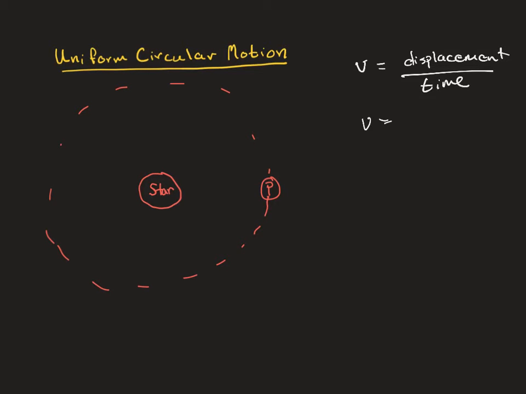The path that the object takes in this case is a circle, so I can put 2 pi r, which is the formula for the circumference of a circle. And it's going to make one circumference in something we refer to as the period. We use a capital T for that, and this is the time to orbit once.